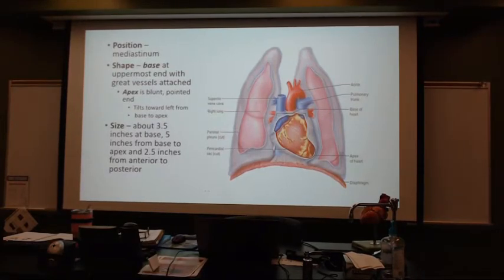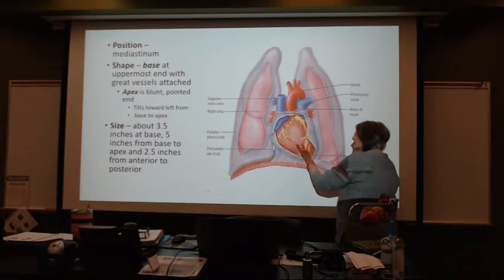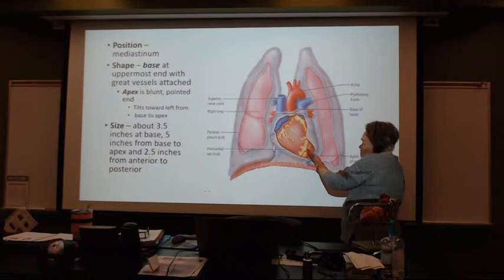When we look at the aorta, the pulmonary trunk, the pulmonary veins, and the vena cava, these are termed great vessels. You will hear them called the great vessels of the heart. One of the things that we're going to see is a little bit of a tilt.